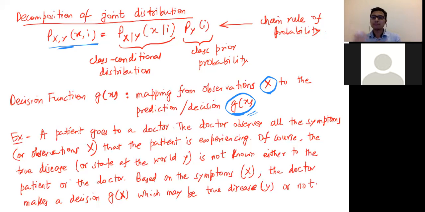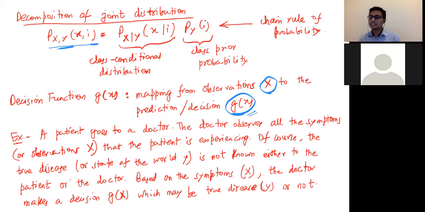For a simple analogy, suppose a patient goes to a doctor, and the doctor observes all the symptoms or observations that the patient is experiencing. Of course, the true disease that the patient has is unknown to the doctor as well as to the patient. Based on the symptoms the patient is showing, the doctor makes a decision or a prediction of what the disease might be.